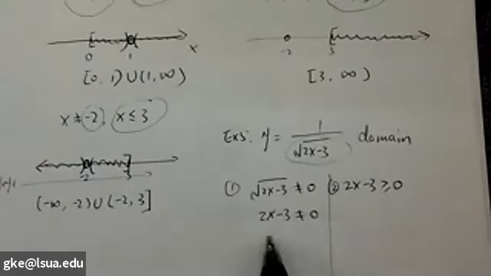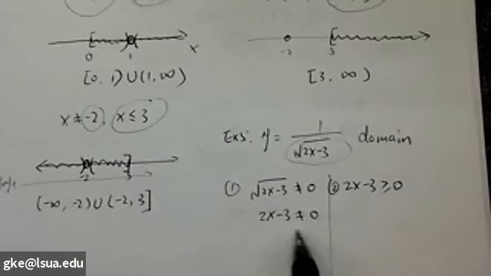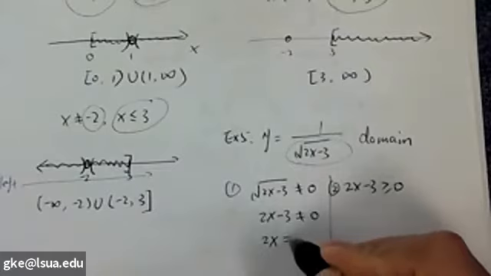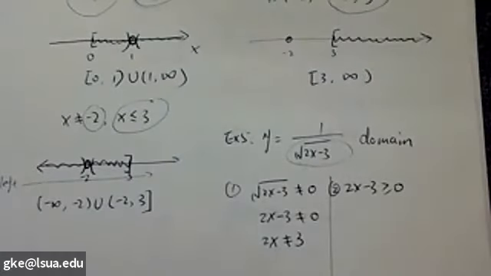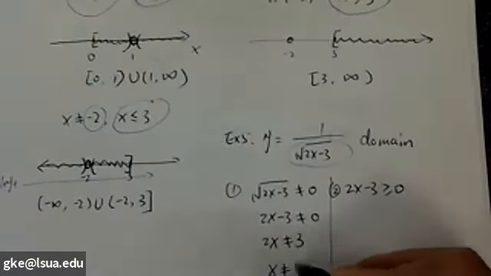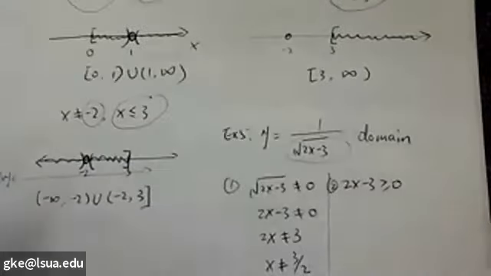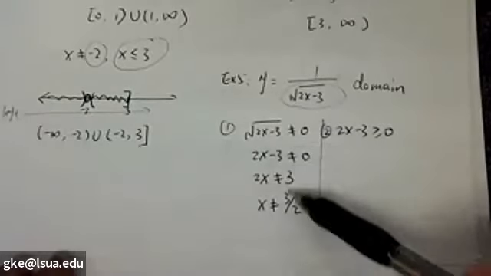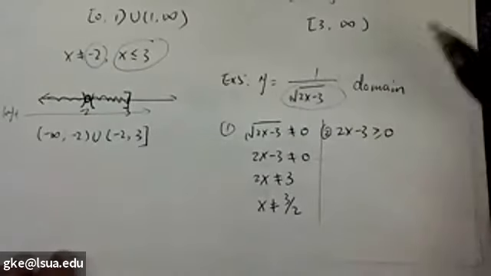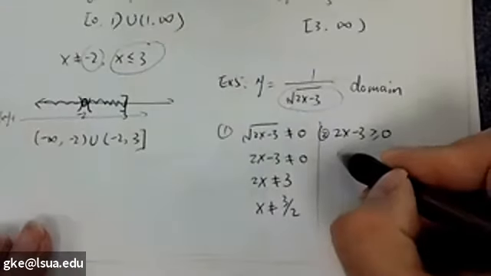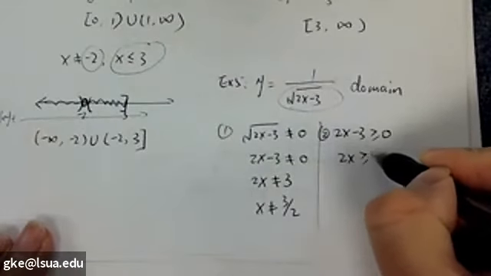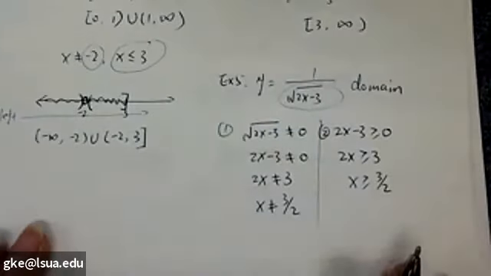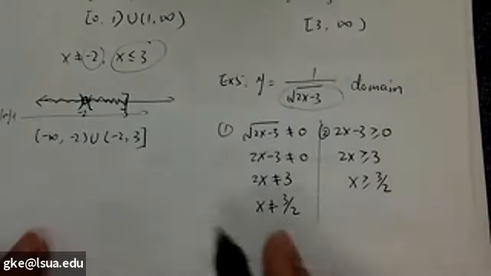And plus 3 for both sides, and divided by 2. Well, that's the first inequality. And the second one, very similar. You're gonna get this guy. All right. Now you can draw the picture.